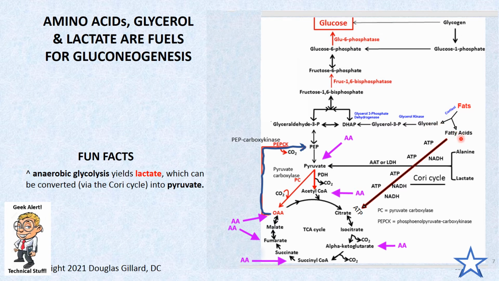Fatty acids, no, but besides making ketone bodies, we can burn fat. We won't talk about the process, but we can use fatty acids, and I believe it's oxidize them, to create ATP and NADH, and we can use this energy to drive the Krebs cycle.